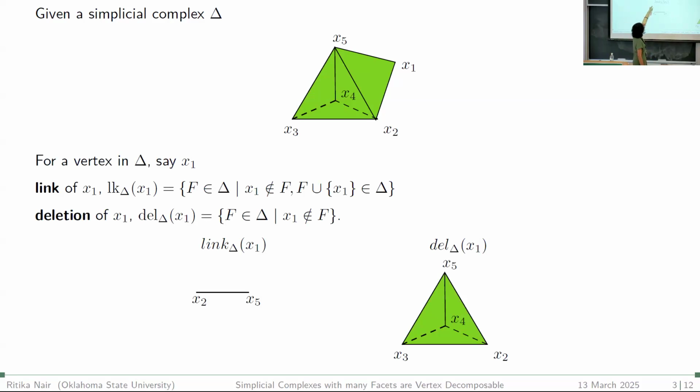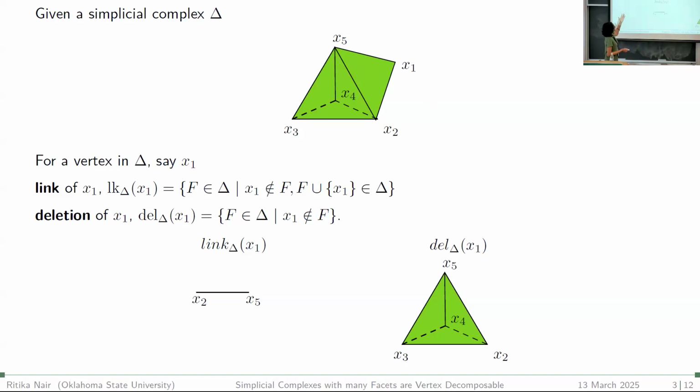So in this particular case, x1 is part of the triangle x1, x2, x5. So the link consists of just the edge x2, x5, because when you attach x1 to this edge, it becomes a face of the complex.